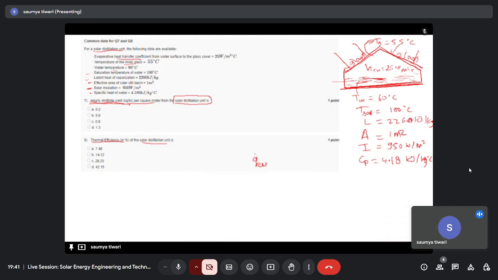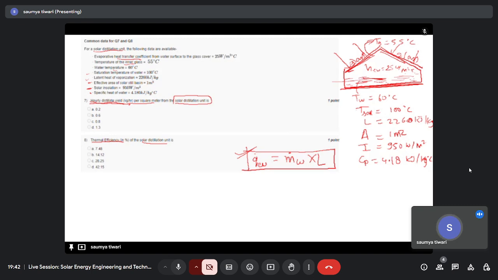This can be written as mass of distillate water into latent heat of fusion. I hope you get how this equation is stated, right? So whatever distillate output we have calculated, the energy required to evaporate this water is given by this QEW.